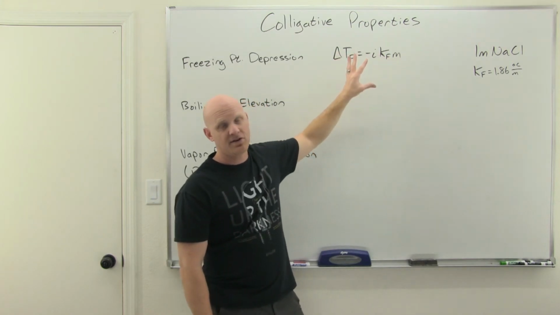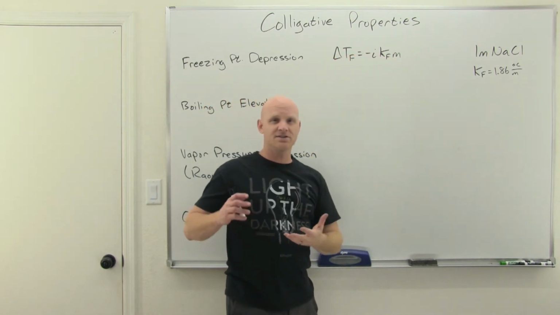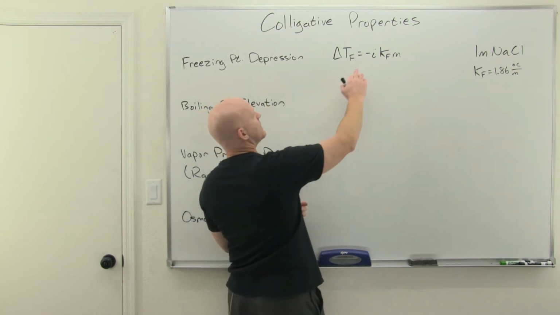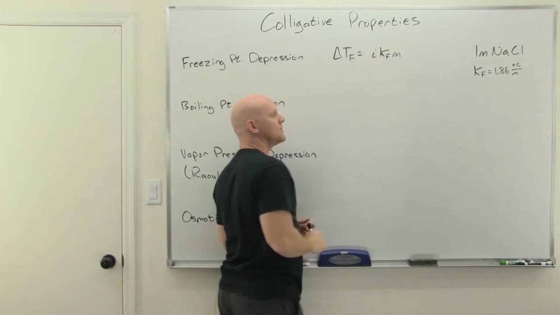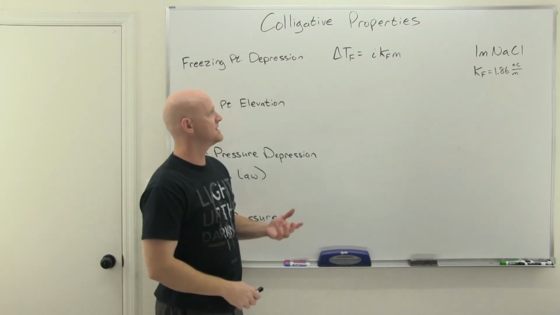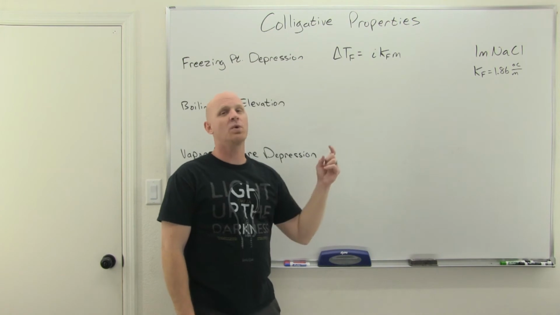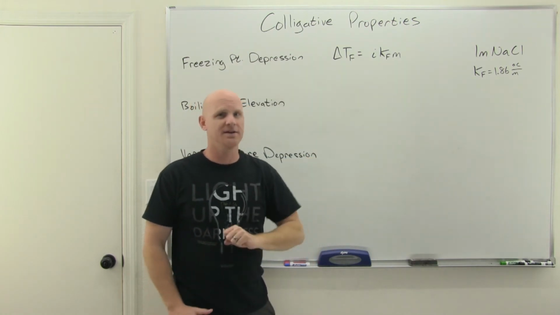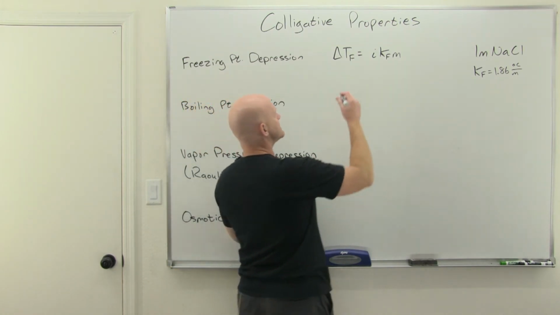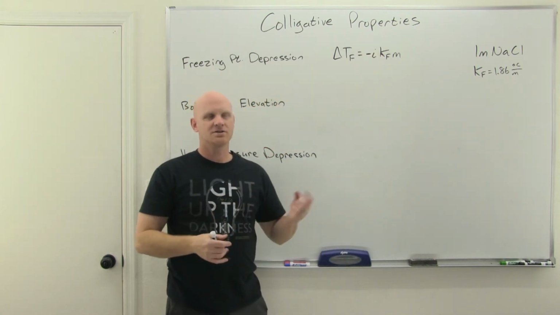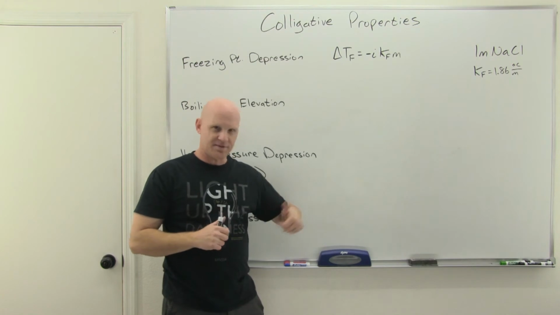Now, one quick thing to note, if you are using a textbook in addition to my lessons here, almost without fail, this equation is reported to look like this. There's no negative sign out front. When you calculate this delta T, you're supposed to know that freezing points go down in temperature. Whereas if we put the negative sign out front like I've done here, a negative change means it went down, and a positive change means it went up.